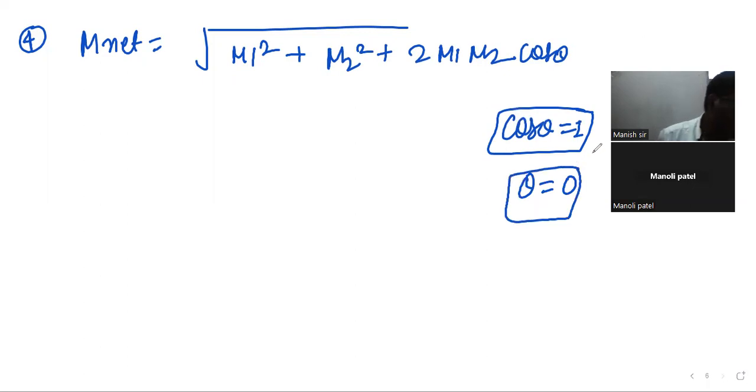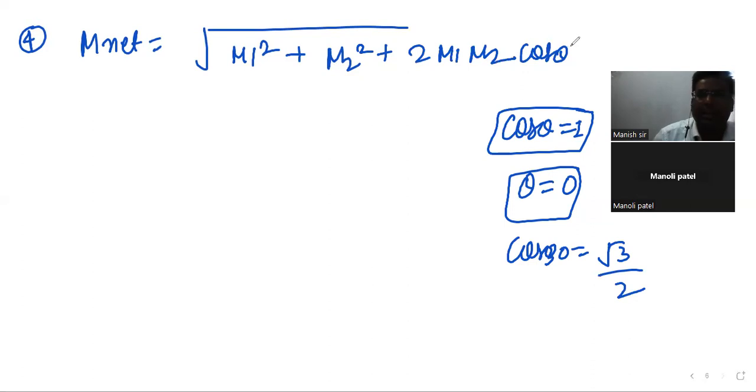So you can just observe in option 4, the angle given is 30, right? So that will be the maximum value. And we know cos 30 is root 3 by 2. So if the angle theta between two vectors increases, then the resultant vector decreases, right?